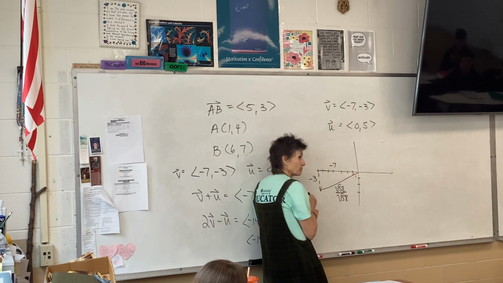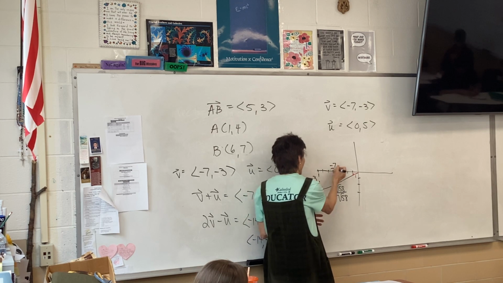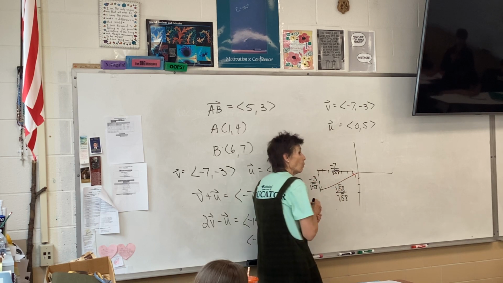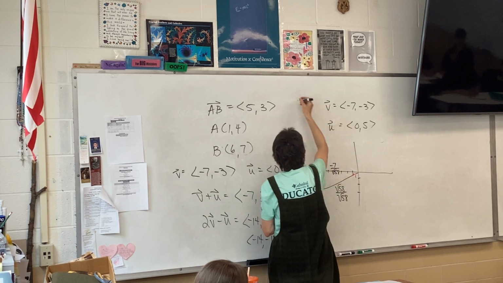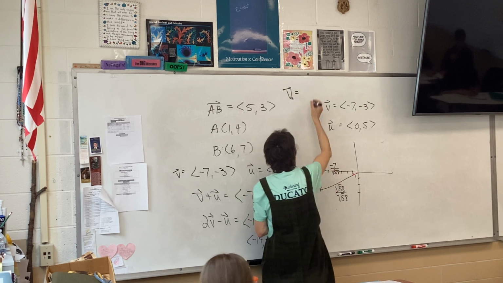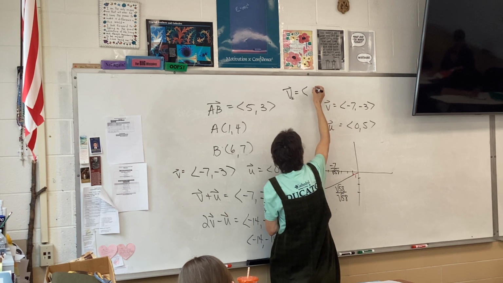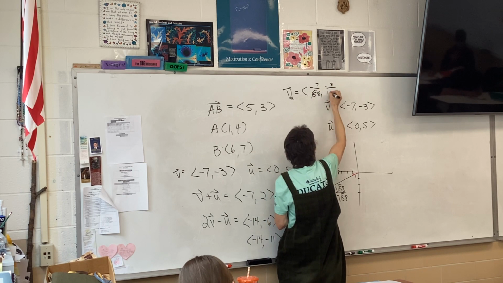Now it's 1. But you can't just divide that one, you have to divide them all. So the coordinates of the unit vector in the same direction as V would be negative 7 over root 58, negative 3 over root 58.